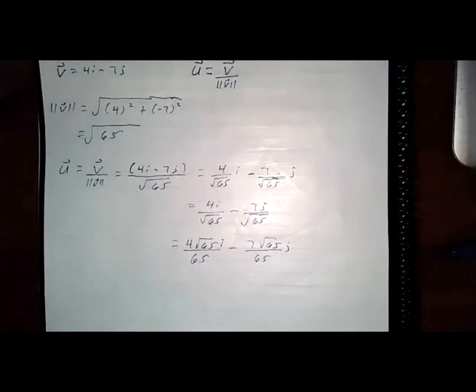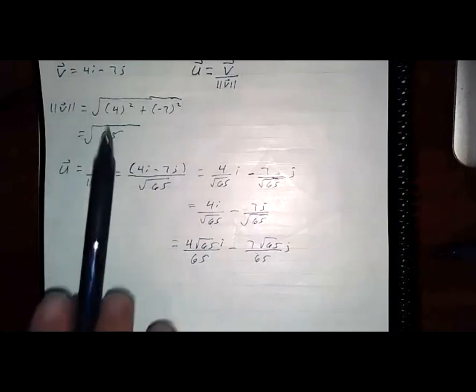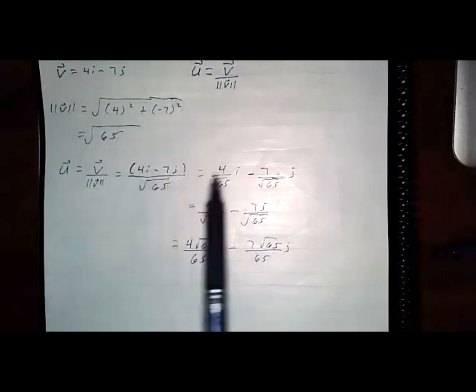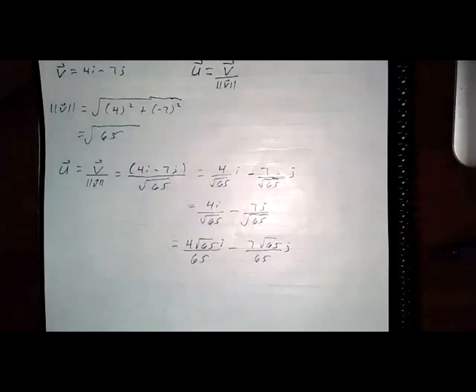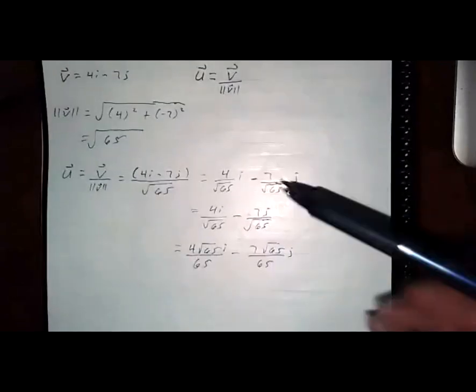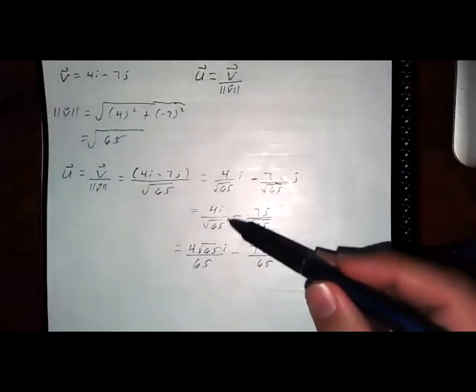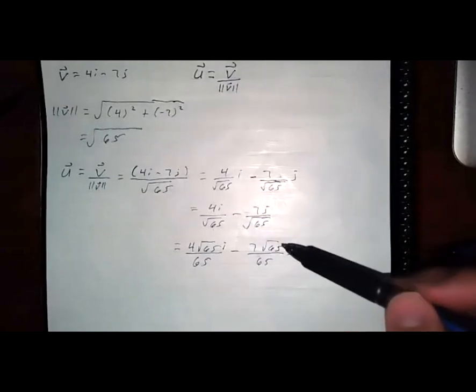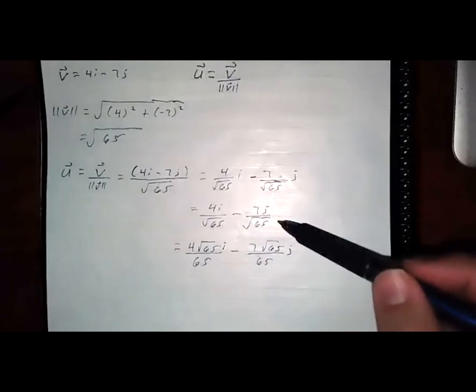So it's pretty simple, right? All you do is take the vector and divide by the magnitude. This is the main idea. After that, we're just dealing with that square root on the bottom. And the way you cancel it is you multiply the top and bottom by square root 65. You guys remember from, I think, maybe test 1, we did that.